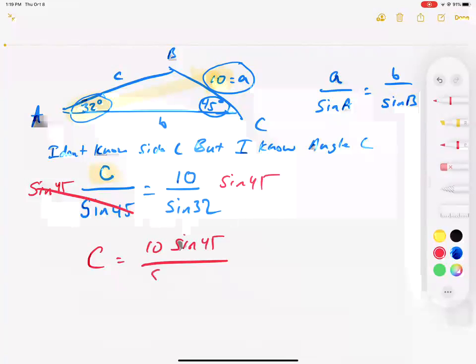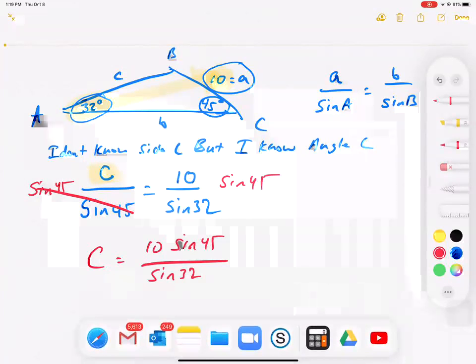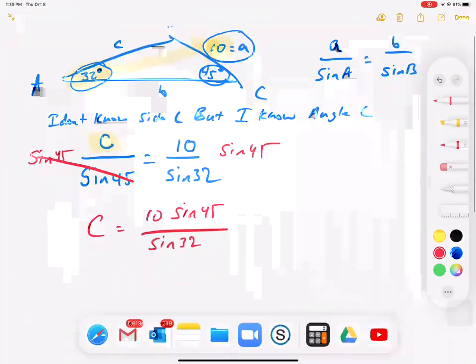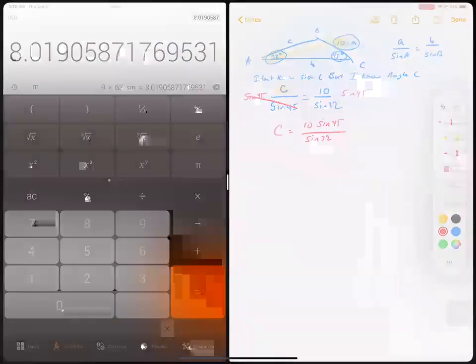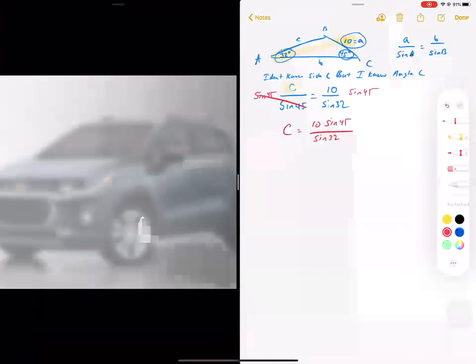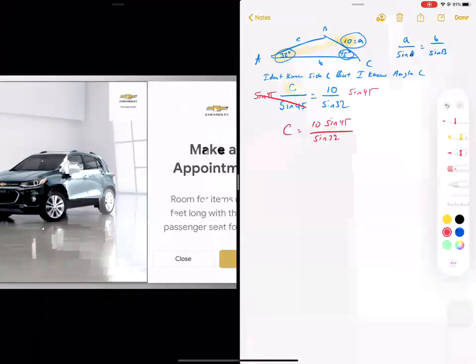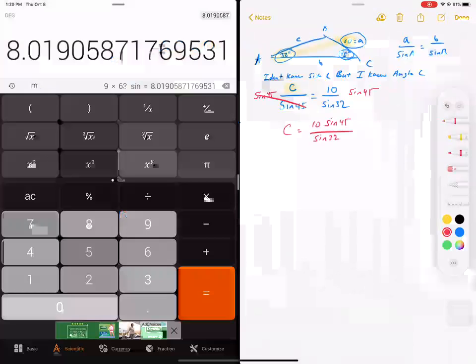Now you have to make sure you work with your calculator and figure out how to type this stuff in. On my cheap calculator, I'm going to type 10 times sine. Oh, my calculator is cheap, so I don't type sine first.